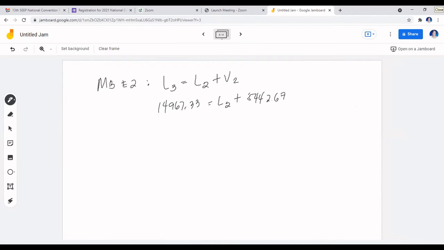So you have now L2. So what's our L2? Can we have L2? I now already supplied it. 9,524.66, kilogram per hour.